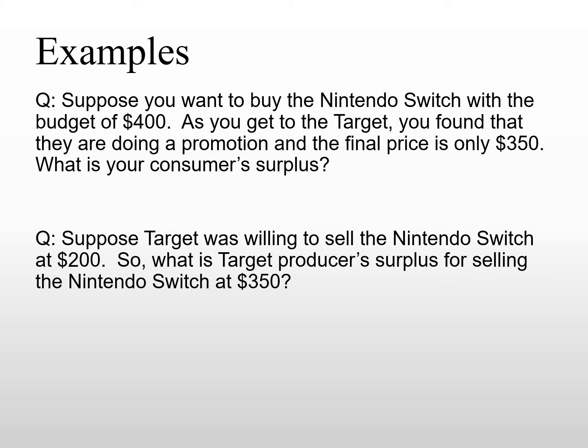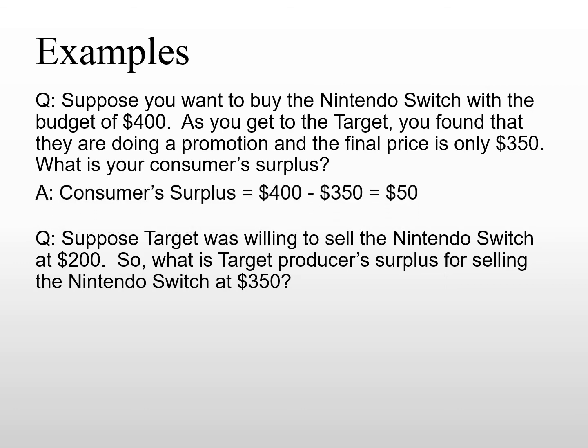When you get to Target, you find out they are doing a promotion and the final price for the unit is $350. So in this case, your consumer surplus is basically $400, the maximum willingness to pay, minus the actual price you're paying, $350. So it has a net of $50, and that's the benefit you as a consumer receive.